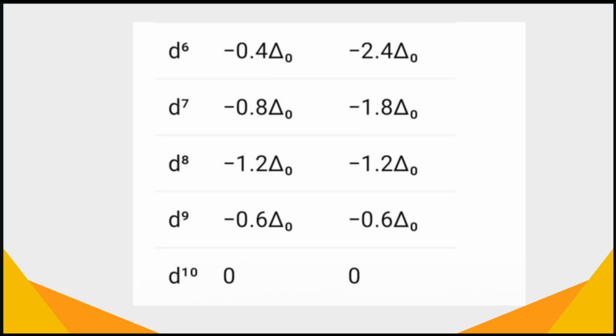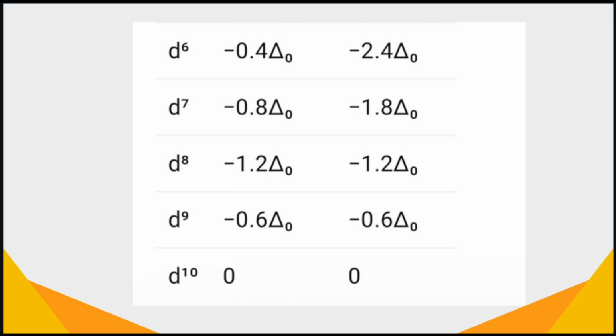For d7, high spin is -0.8 Δo and low spin is -1.8 Δo. For d8, high spin is -1.2 Δo and low spin is -1.2 Δo. For d9, high spin is -0.6 Δo and low spin is -0.6 Δo. For d10, both high spin and low spin values are 0.